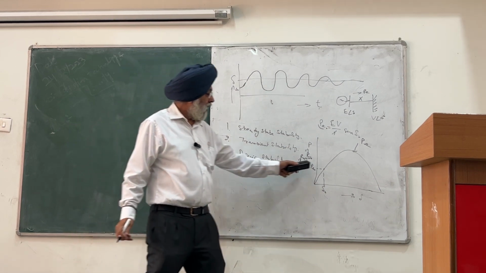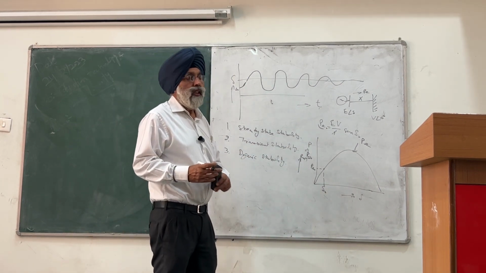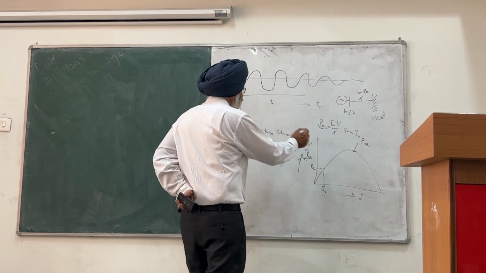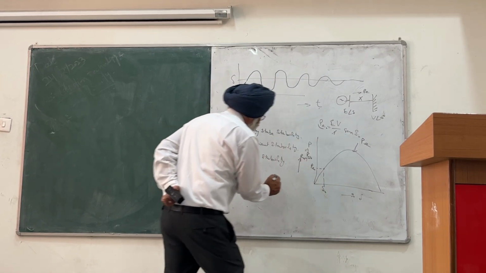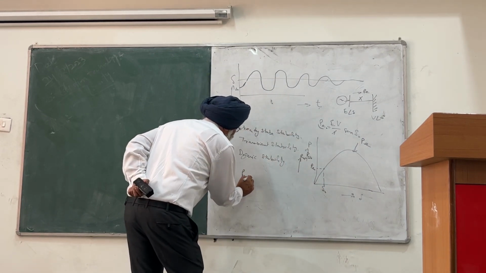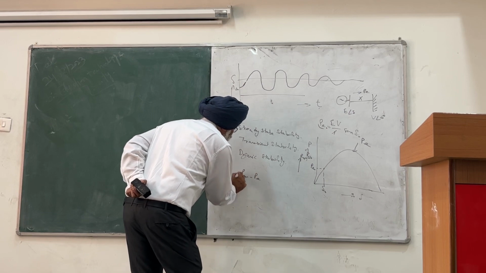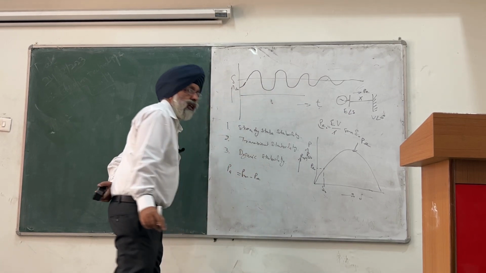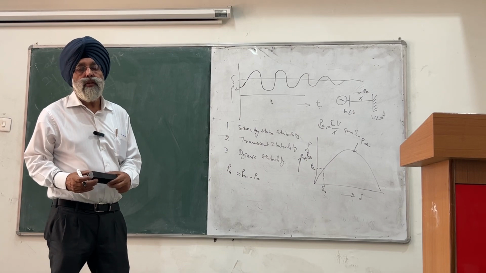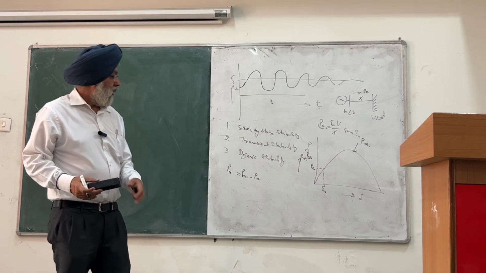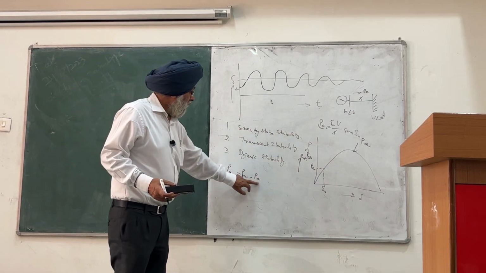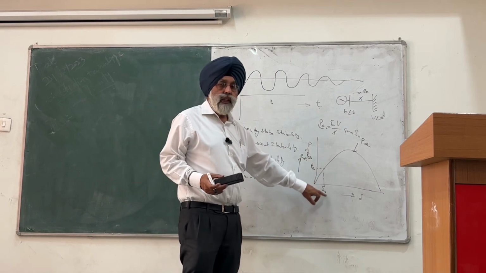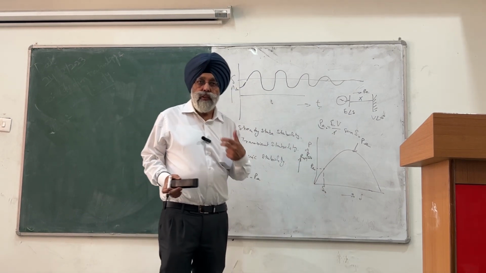So under initial steady state conditions, in case of a generator, PM minus PE is known as the accelerating power. When your machine is under a steady state condition, your delta is not changing.